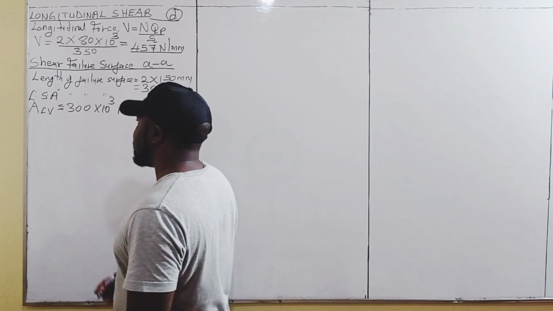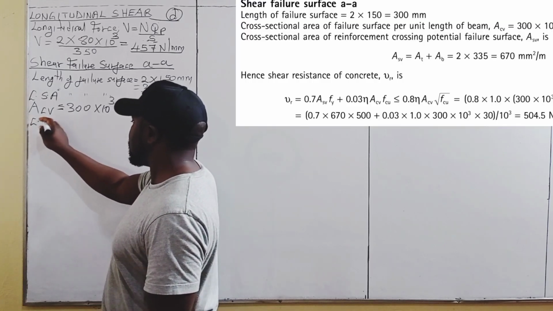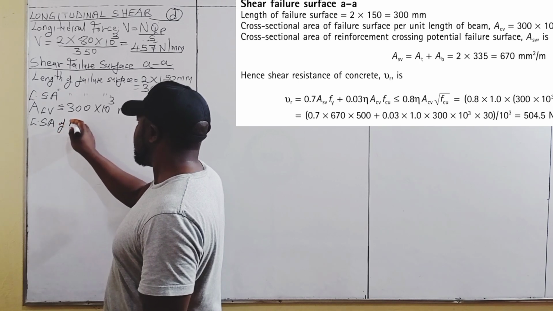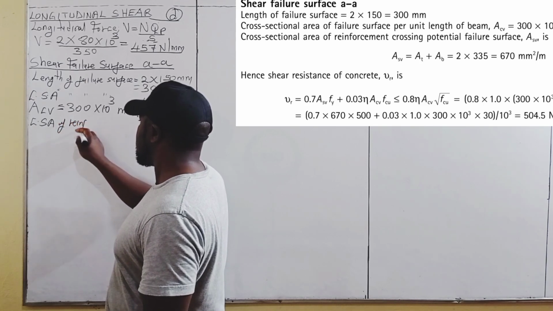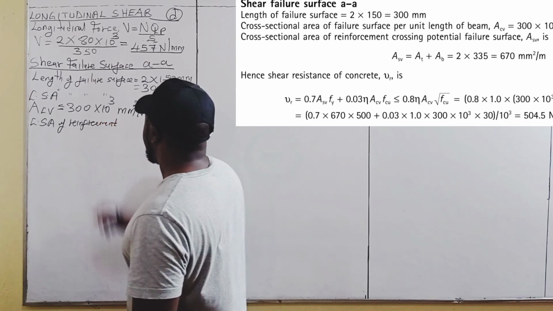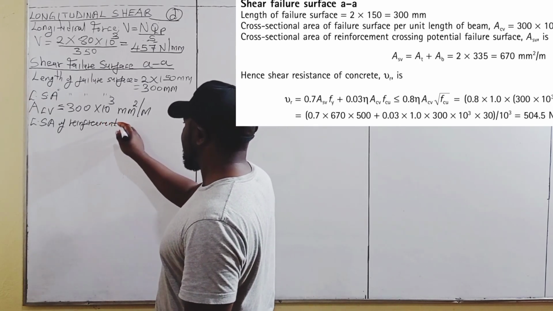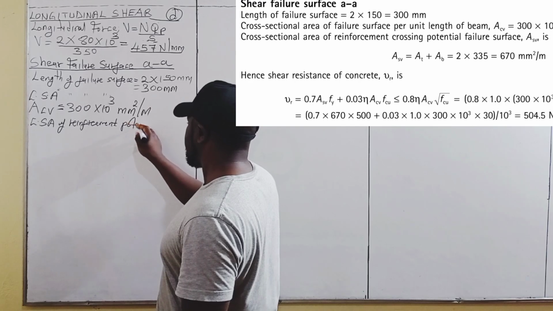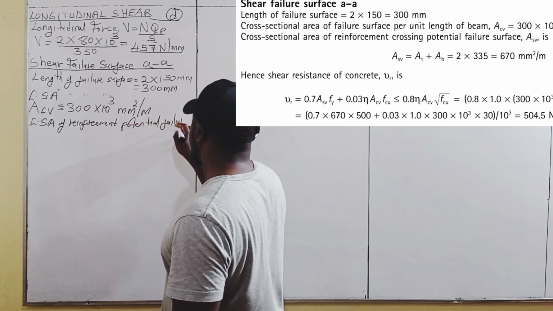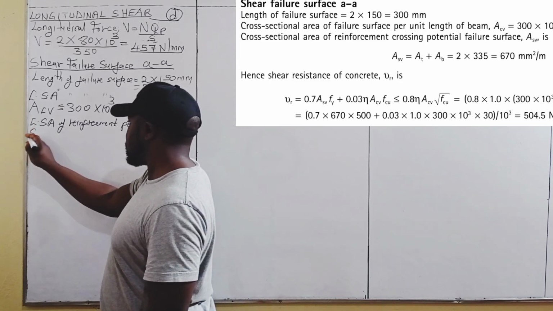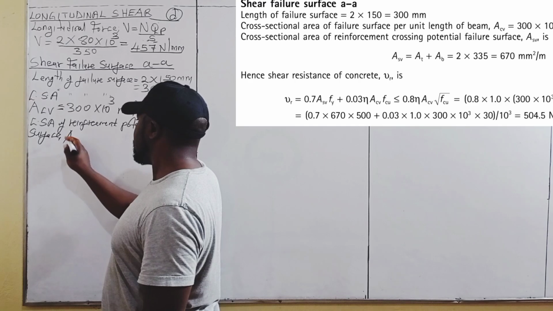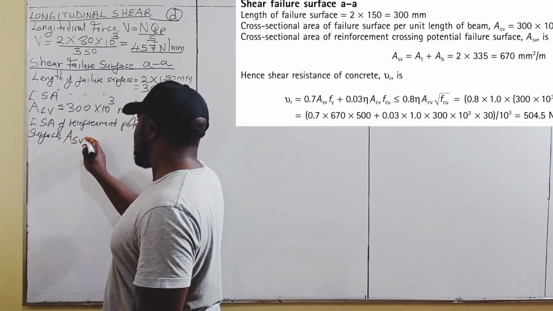Then we are going to have a cross-sectional area of reinforcement potential failure surface, which is denoted by ASV.